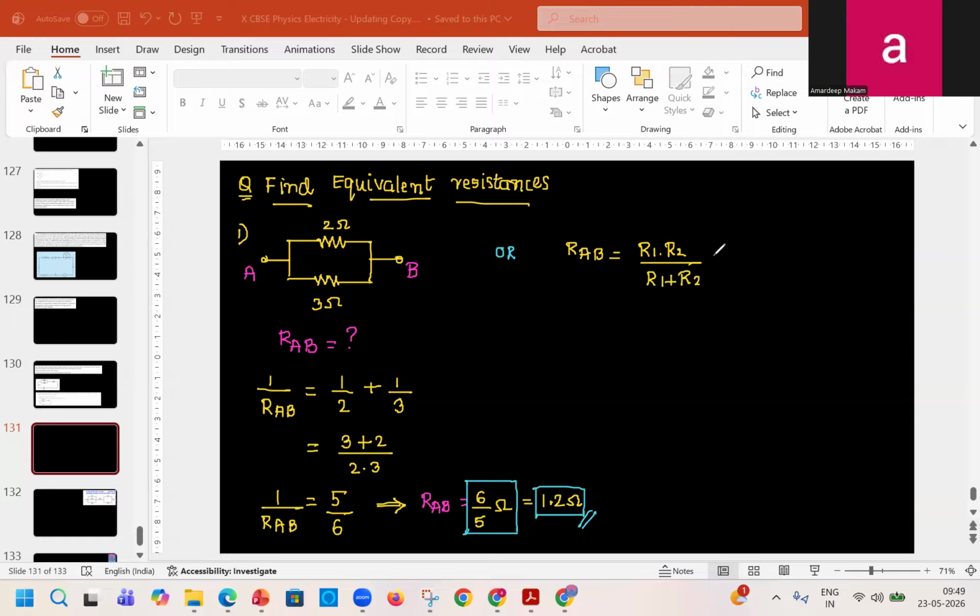So that becomes, product, 2 into 3, divided by 2 plus 3. So 2 into 3 is 6 upon 5, which is equal to 1.2 ohms. Are you getting it clear?